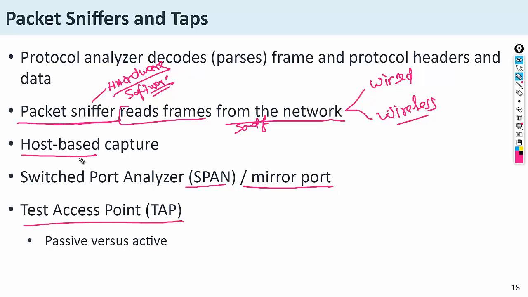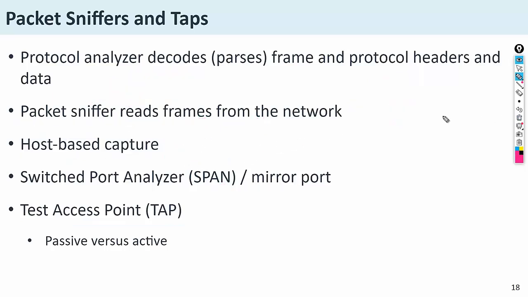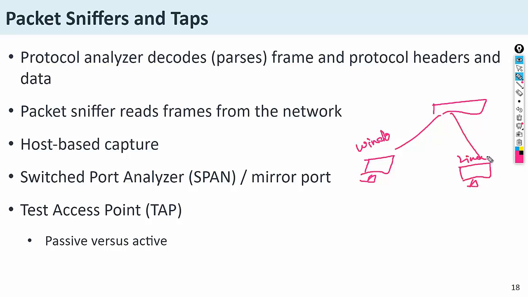So what is host based capture? Host based capture means there are some devices, like this is the network and here one device is connected. This is the Windows system and here is another device connected. This is the Linux system. If I want to capture data on this, because I am a security researcher in an organization, I am an authorized person to capture the data from this host.